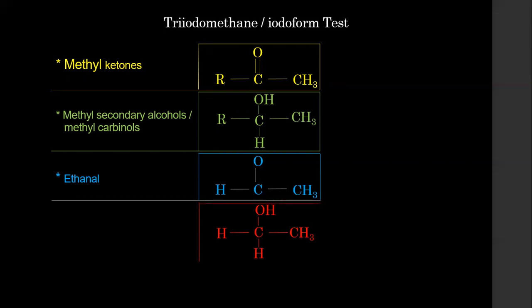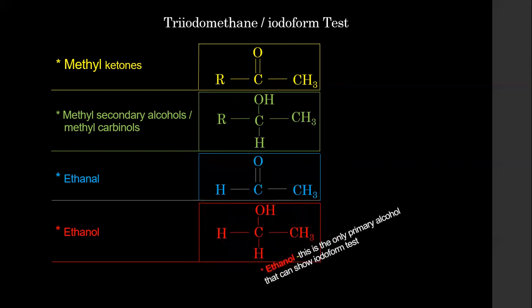And the last one is a primary alcohol, which we discussed a little earlier. It is ethanol. So what is important about this? Look at the ethanal and the ethanol. Ethanol is the only primary alcohol to show the iodoform test. And ethanal is the only aldehyde that can show the iodoform test.